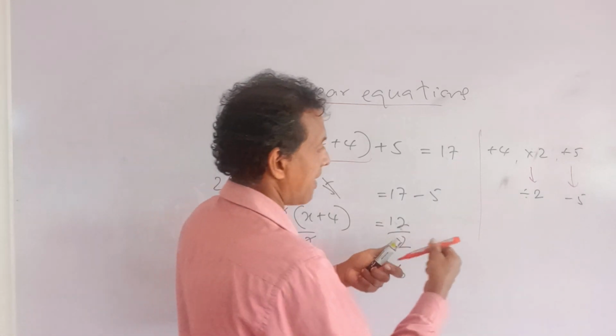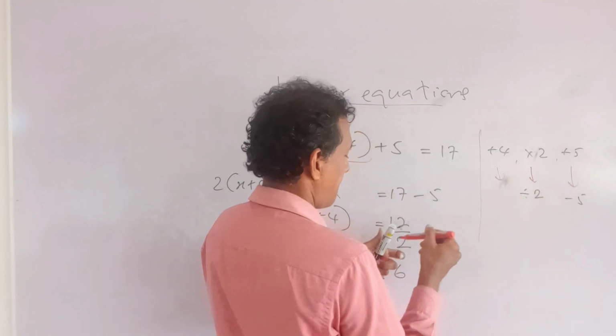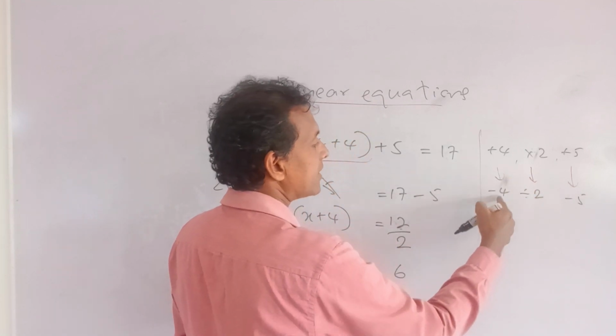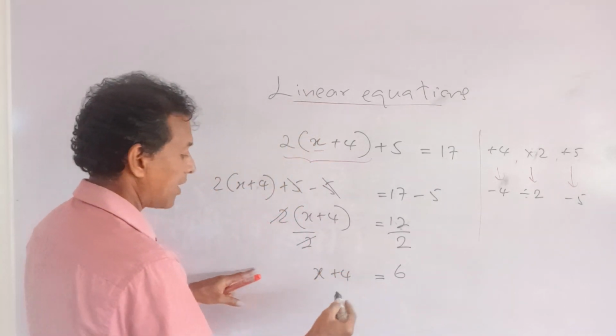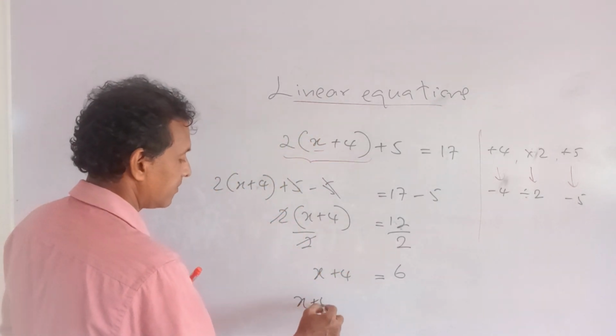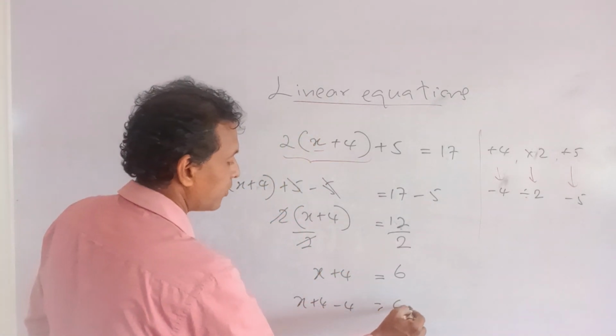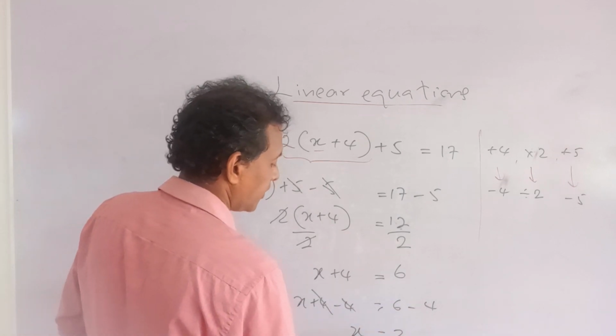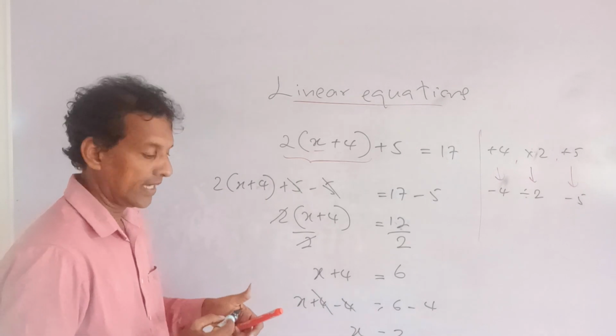The next operation is plus 4, so the inverse operation is minus 4. So subtract 4 from both sides. It cancels, so x equals 2.